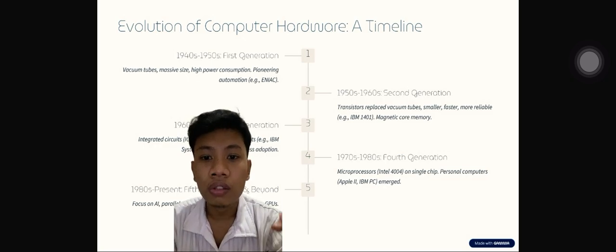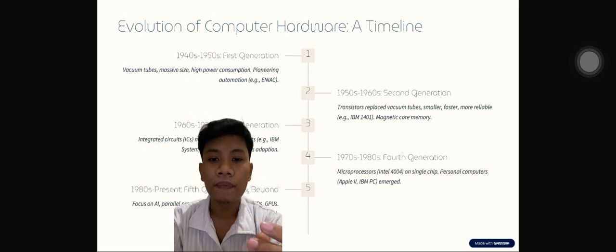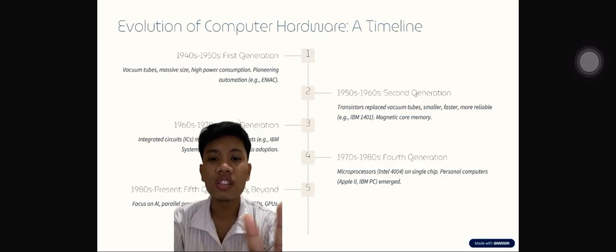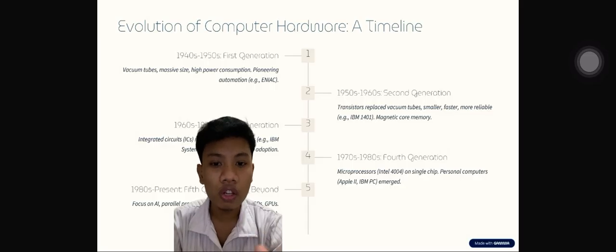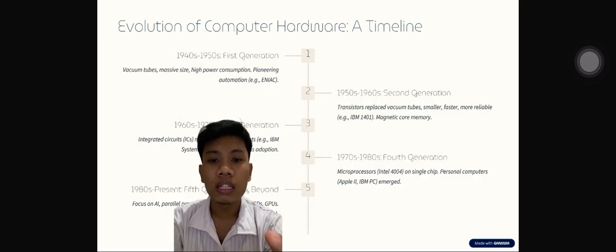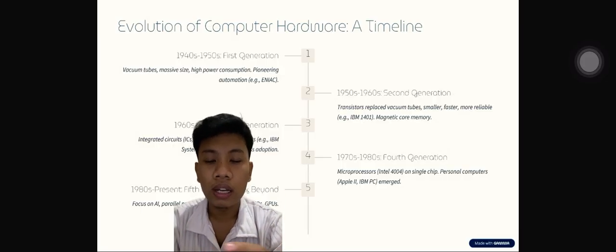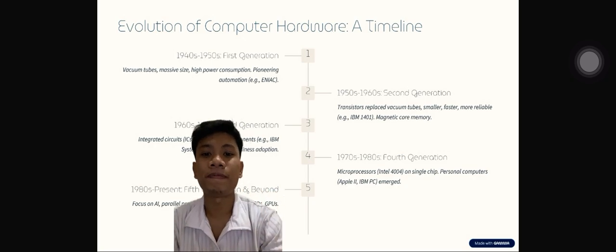And then the fourth generation of computers, from the 1970s until the 1980s. In this era, microprocessors such as the Intel 4004 changed hardware by integrating CPU function on a single chip. Then personal computers like Apple II and IBM PC emerged.